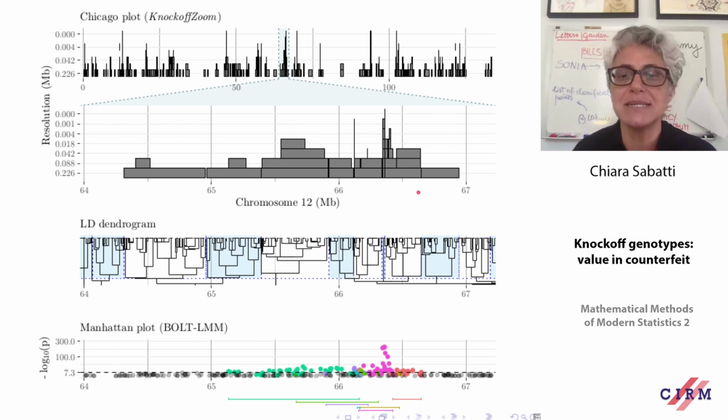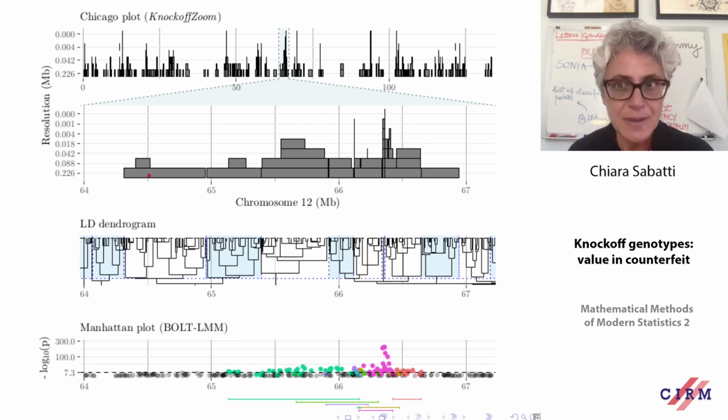It's perhaps easier to look at this zoomed version of this central region here. Here you can count the different number of resolutions. They are indicated on the y-axis. So you can see here that we detect that there is something going on among these SNPs. This group of SNPs has something to tell me about height conditionally on all the other blocks across the genome.